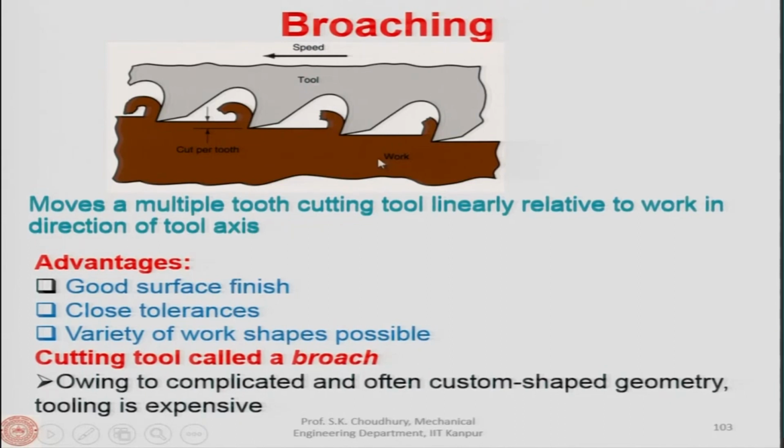That is the difference between broaching and the other processes. As a result, the last tooth which will be cutting, as you understand, will be taking the finish cut, because that is the final cut. So, that tooth will give the finishing of the workpiece surface, while all the other teeth will do the rough cutting.